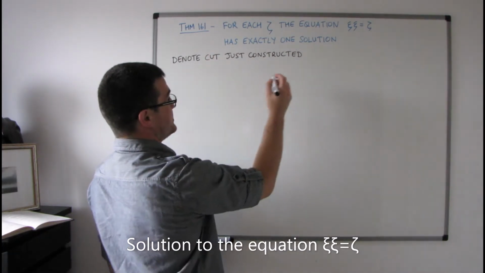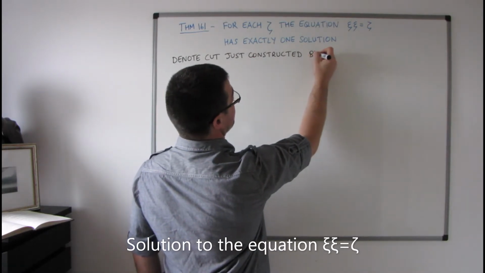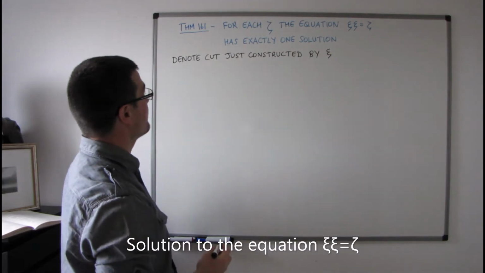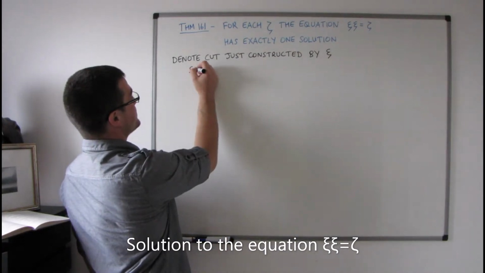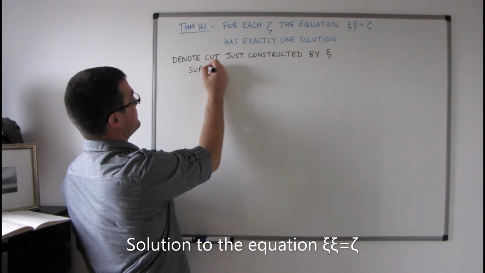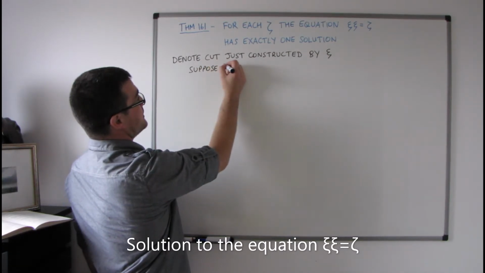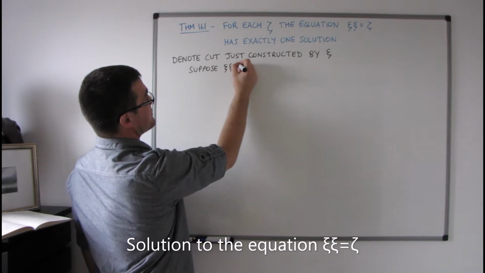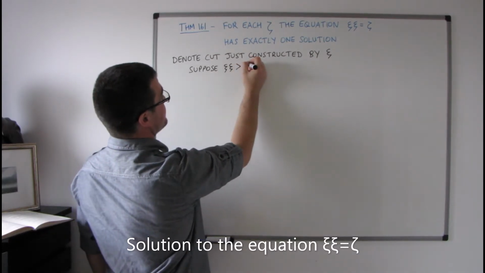So denote the cut just constructed by xi. Now suppose xi times xi is greater than zeta.